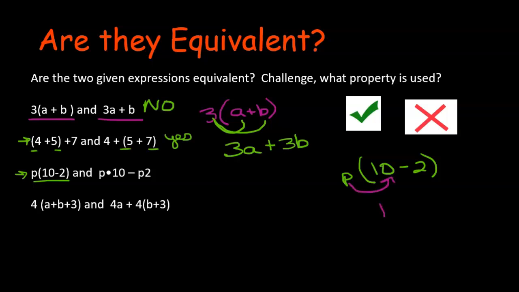I'm going to write it just P10, but you can write it 10P. We're going to subtract P times 2. Or we could write it the other way. I like to write it with my coefficients at the front. So does this look like this? Yes. So this is equivalent because we use the distributive property.